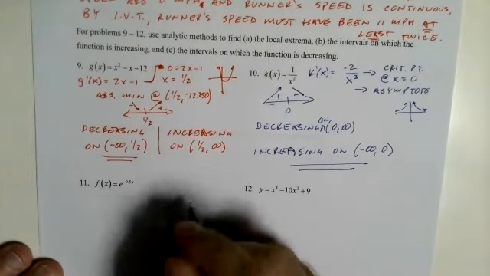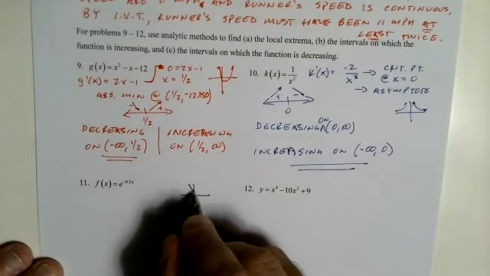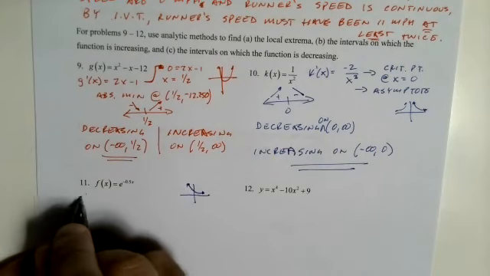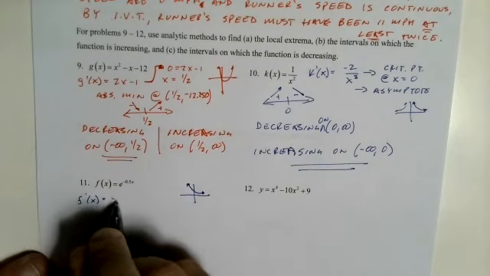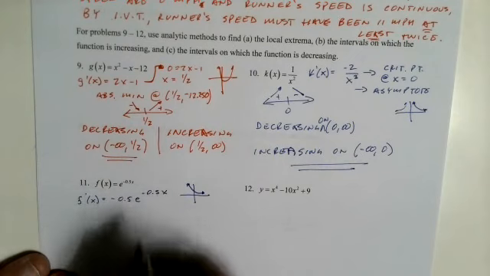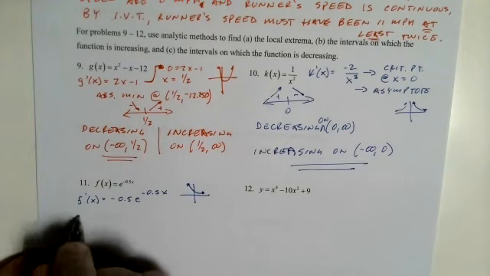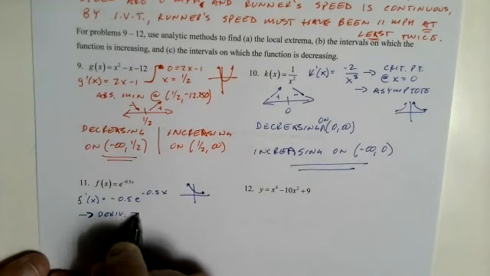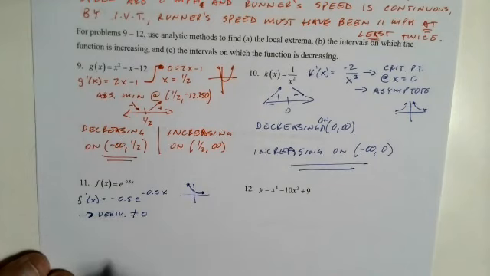Onwards. This one is never going to hit 0. So we take the derivative, f prime of x, we get negative 0.5 e to the negative 0.5x. Derivative never equals 0.